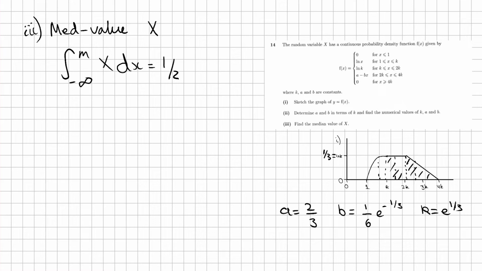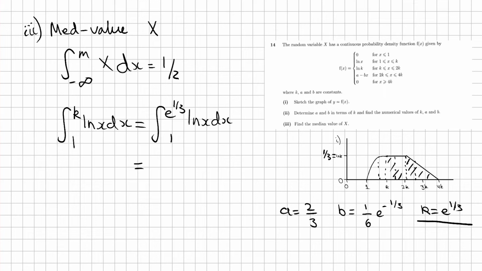So firstly we have to consider the integral from 1 to k of the natural log of x with respect to x, and that's equal to the integral from 1 to e to the 1/3 of the natural log of x dx, because in the last part we figured out that k equals e to the 1/3.